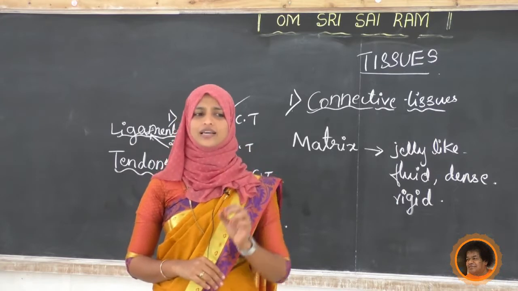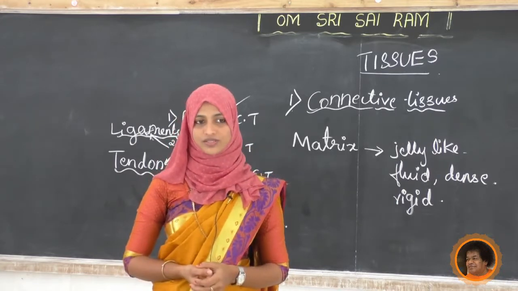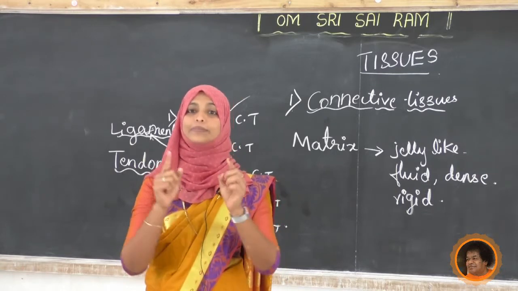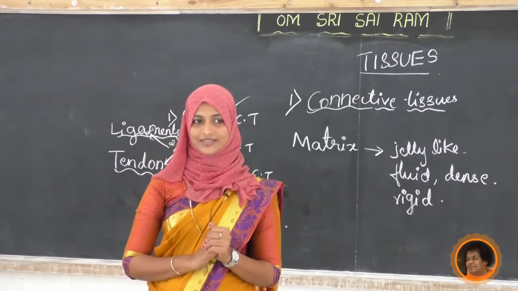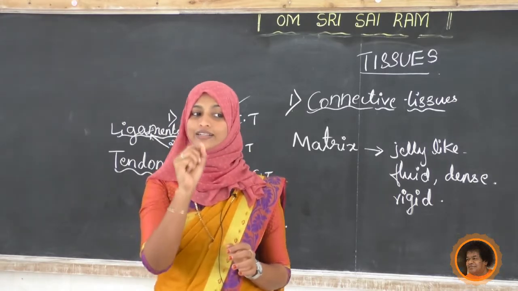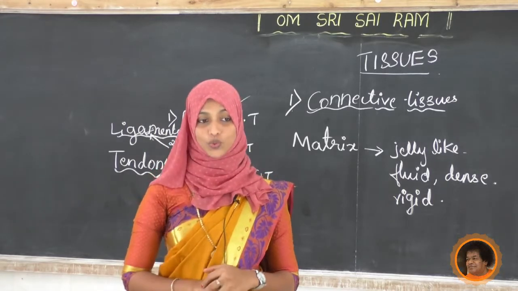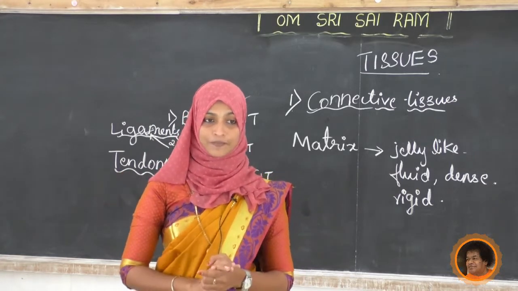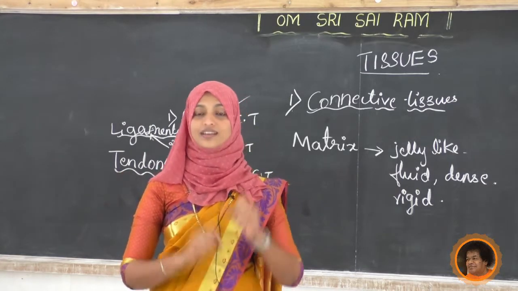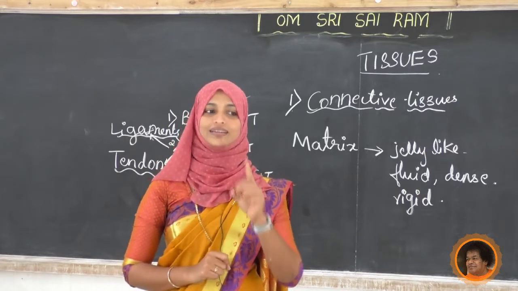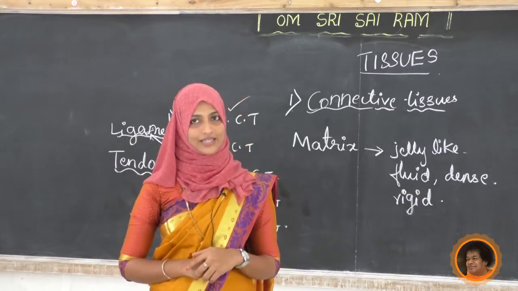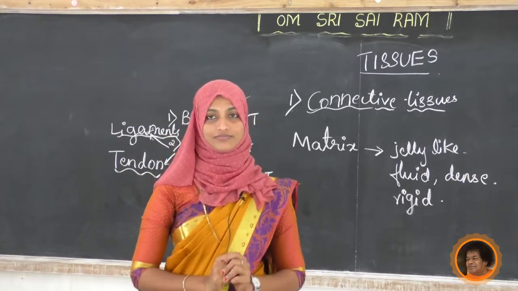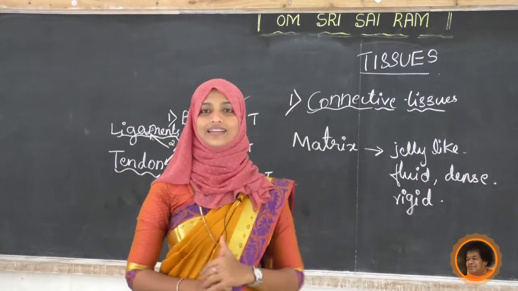Next, tendons are fibrous tissues with great strength, but limited flexibility. Look here, tendons are fibrous tissues, like fibers, with great strength but limited flexibility, so we can't bend a tendon but we can bend a ligament.